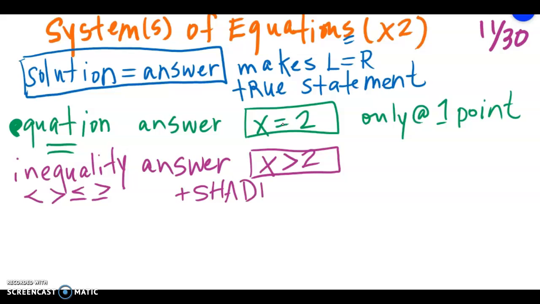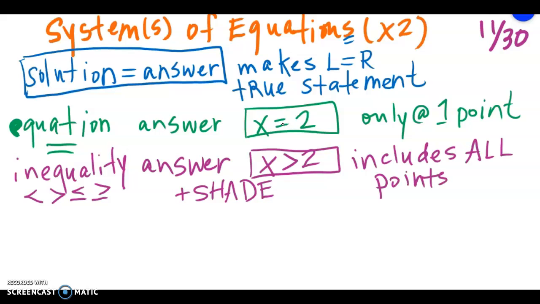So you've got an answer, plus there's something shaded on there. It includes all points in the shaded area. All of those points in the shaded area are your solution. So it's not just saying at 2, it's saying that everything greater than 2 is your solution.